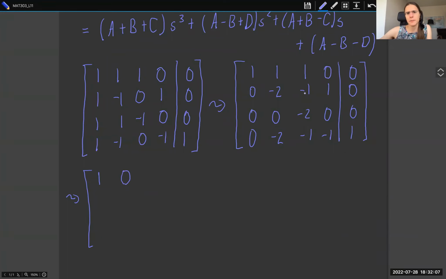Then I'm subtracting 1/2. Then I'm adding 1/2. Now I'm going to take this and divide it by -2. Rather, 1/2.